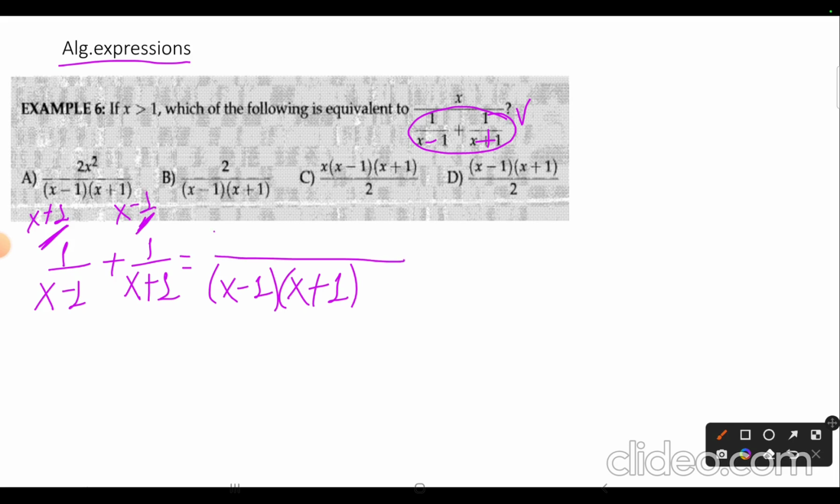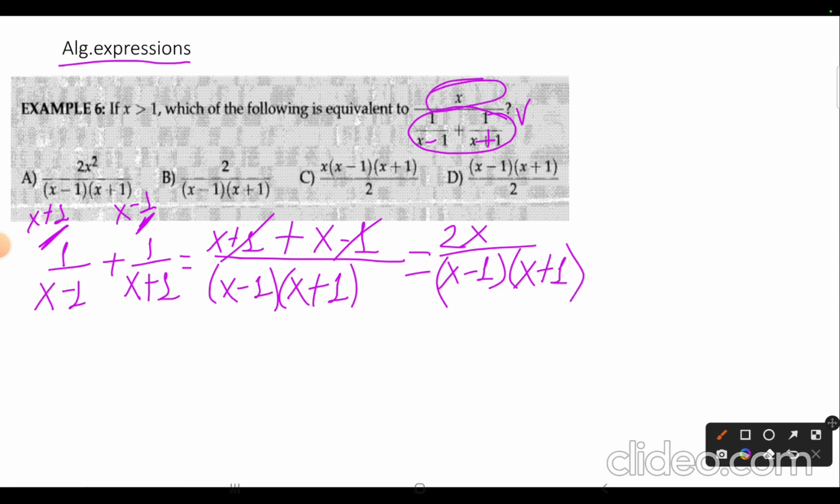So 1 times x plus 1 is just x plus 1, plus, because here we have plus, 1 times x minus 1 is x minus 1. This one cancels, x plus x is 2x, and we have this denominator.